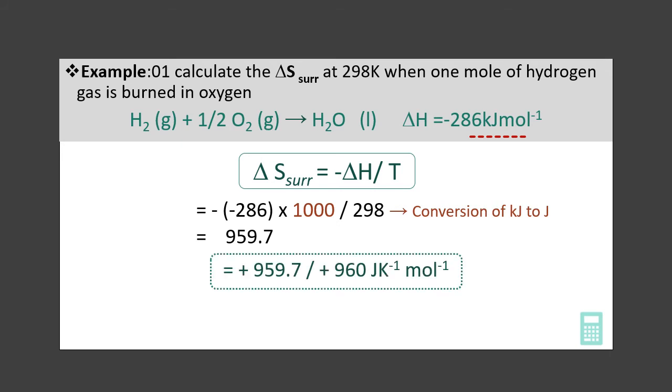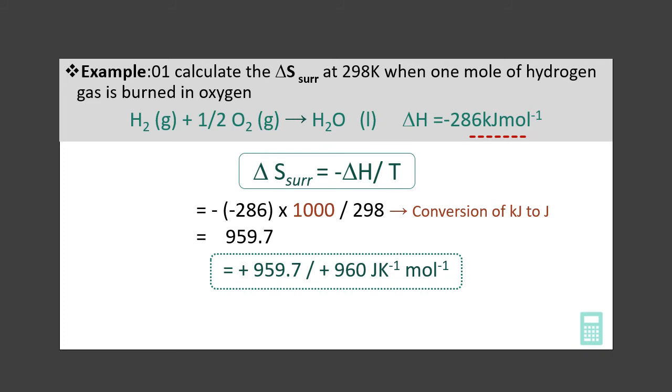Very, very important. The sign, although it's a positive value, you must still write it down because it denotes something very important. It's a positive value, which means just like the entropy of the system, entropy change of the surroundings is increasing. While there was a decrease in entropy of the system, as you can see, two gases forming a liquid, the energy leaving the system increased the entropy of the surroundings.